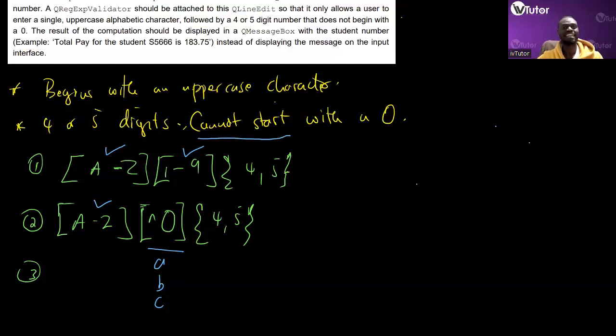But it doesn't say that the next 3, 4, 5 digits cannot be zeros. This one here cannot match a student number that looks like, let me just use X here, because my handwriting might not make it clear, like X, 5, 6, 6, 0.